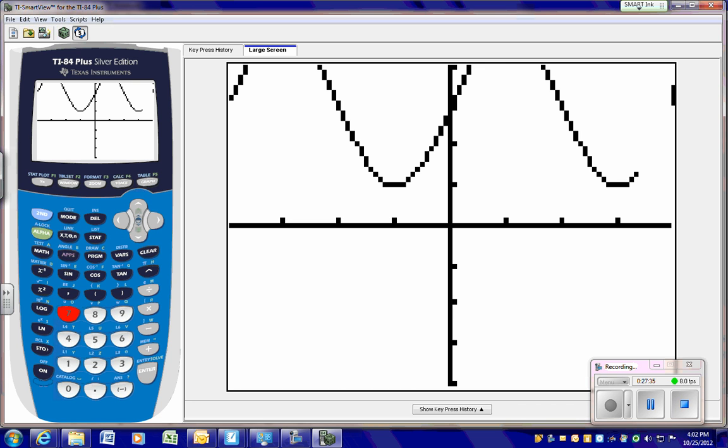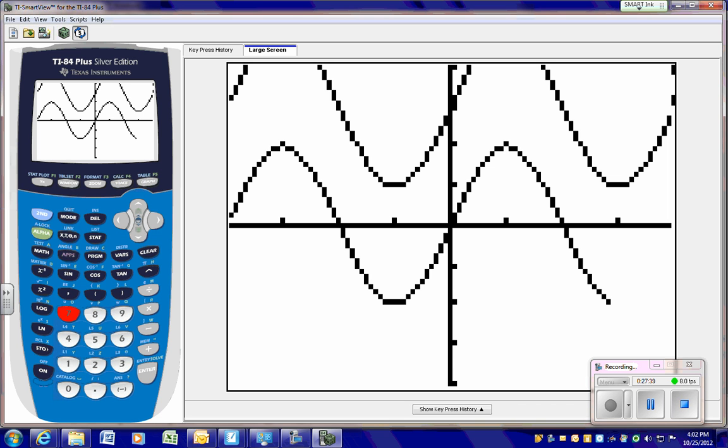So let's compare these 2 graphs. Okay, so the second one that graphed, if you were watching the screen, was this one. So this graph is just y equals sine of x. Excuse me, that is not true. That is just y equals 2 sine of x. Sorry, I forgot that there was a 2 in it.